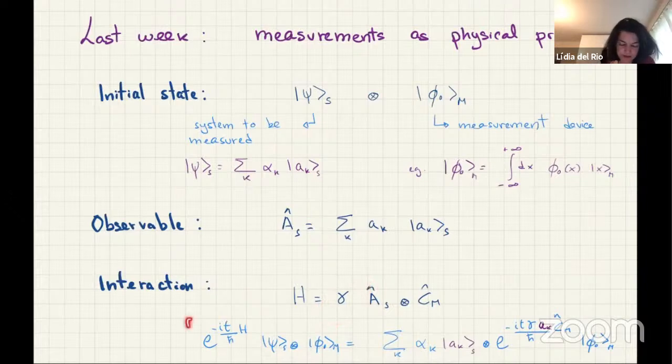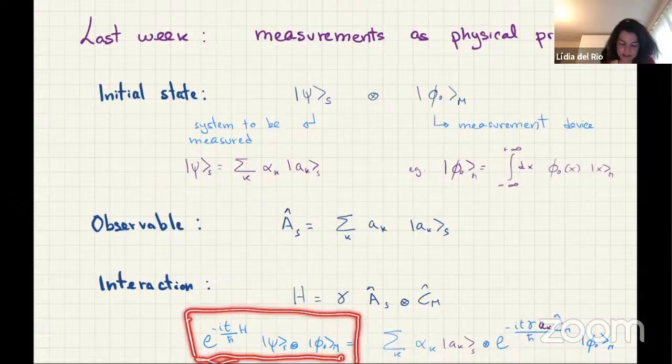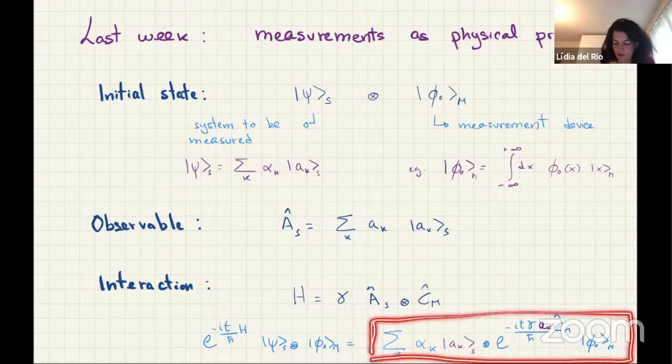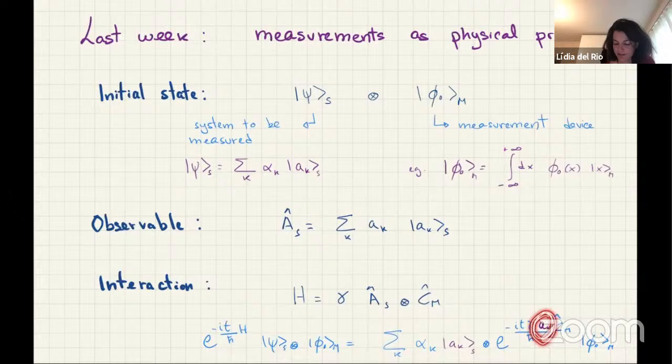That's it. And then we saw that if we apply this interaction for some time t on our initial state, then we get this kind of correlation between the two states, where here is the eigenvalue of the observable. Here's the eigenstate. Here's the coefficient. So it's the overlap of our initial state of the system with this outcome.